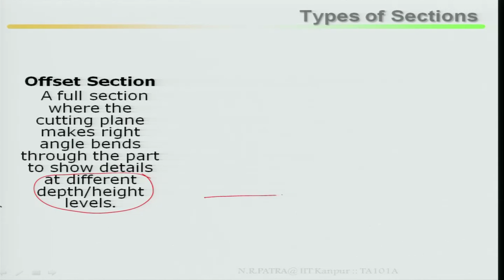If I put it in these directions x, y, z, this is my width, this is height, this is depth. So the advantage of the offset section is that you can show parts at different depths as well as different height levels.